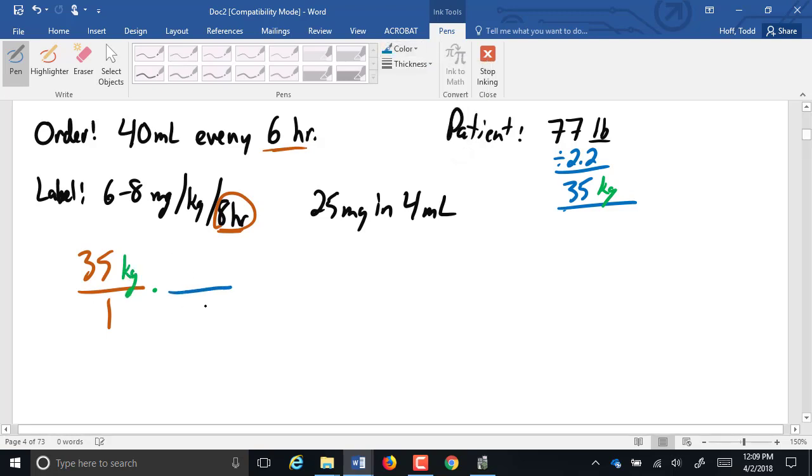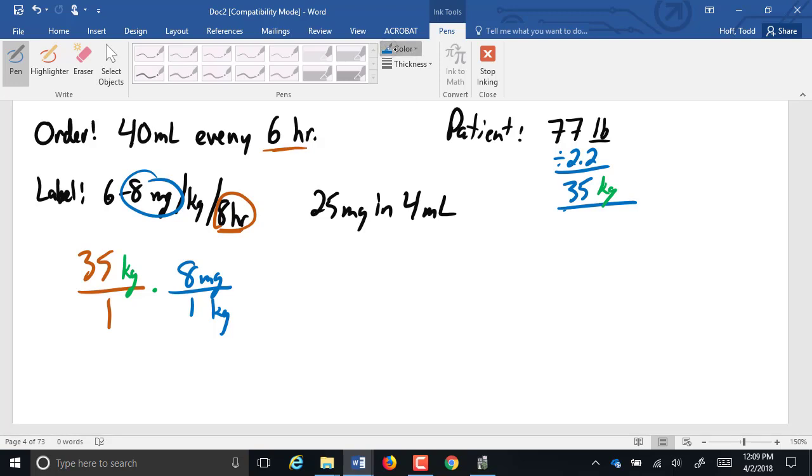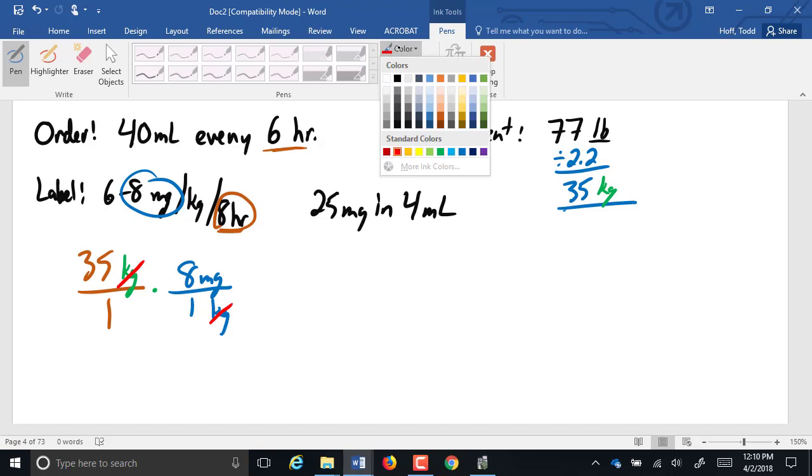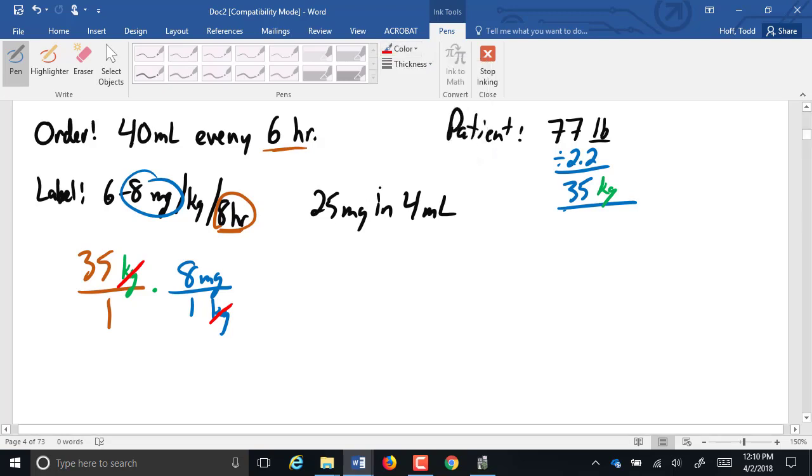So now we're going to get rid of the kilograms. For every kilogram, we're going to use the maximum. Let's go 8 milligrams per 1 kilogram. So our kilograms cancel out. And then we're going to convert that using the 25 milligrams in 4 milliliters. So the milligrams will cancel out.